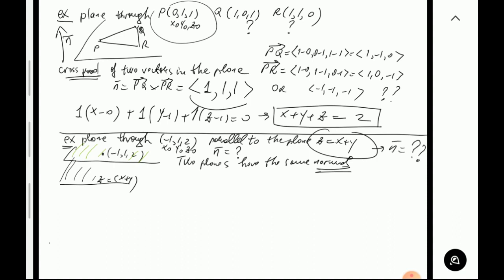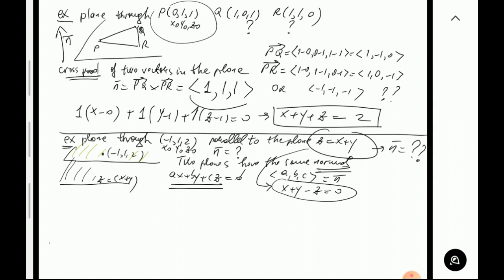Well, I remember that if my given plane equation is written like this, then the coefficients of x, y, z constitute the normal. Then I'm going to take the equation of the given plane, write it in this form, and then I can conclude immediately that the normal to that plane is 1, 1, negative 1.